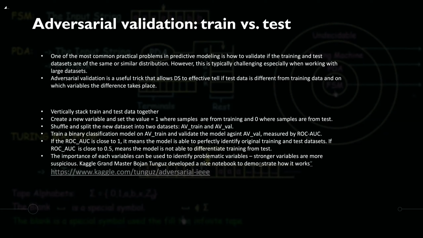We have the same distributions on both the training and test data sets. But if the AUC is close to 1, say 0.997, then we need to pay attention to the test data, because somehow there is something in the data which makes it significantly different from the data used to train the model.